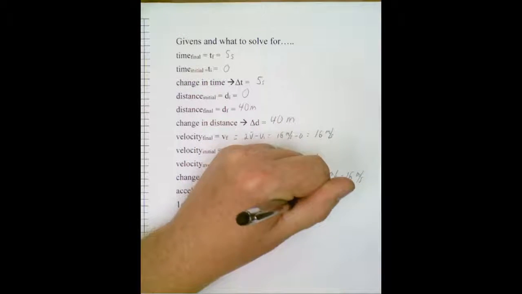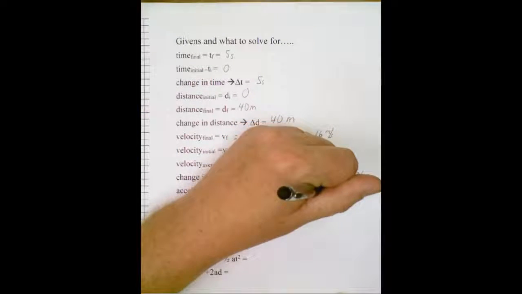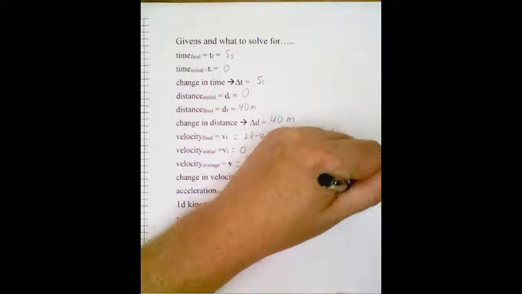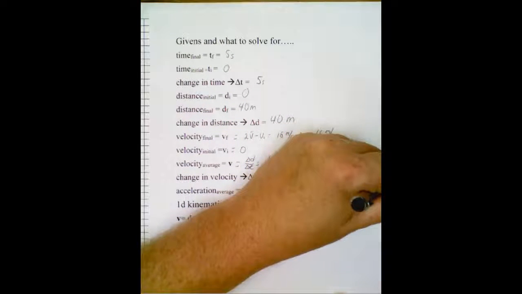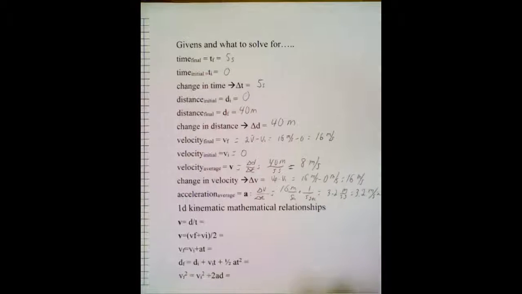Let me put an SEC here, and then we go 16 divided by 5, and that gets us 3.2 meters per second times second, which is 3.2 meters per second squared. And if you noticed, I filled in every value that's possible on our little laundry list here, based on what we had down here.